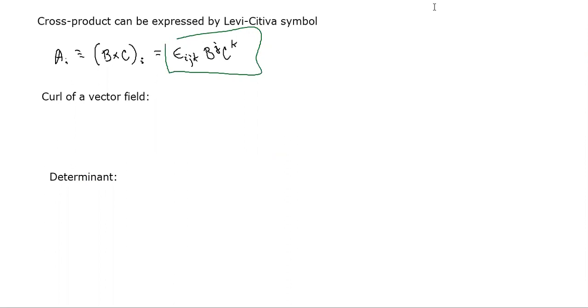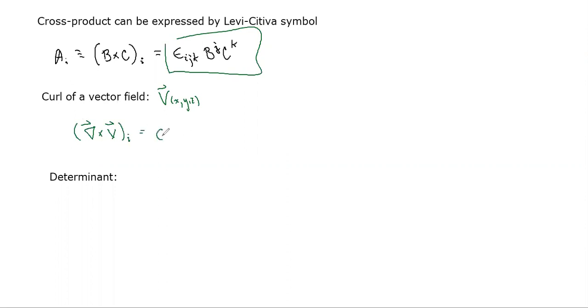Okay, so the curl of a vector field, and just like we did up here, it's easier to just say this is the ith component. So I have v is a function of x, y, and z. Curl of v, let's just look at the ith component.